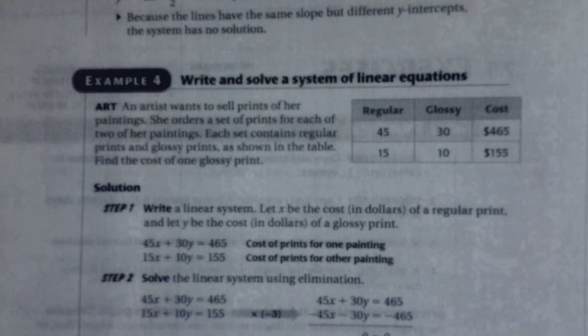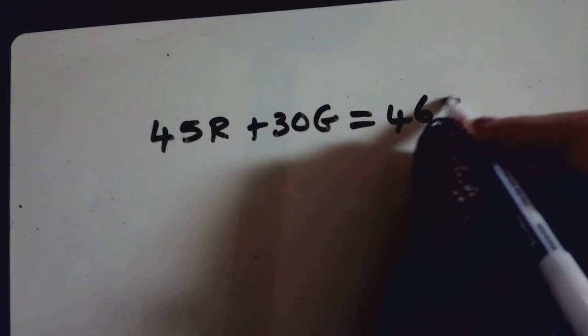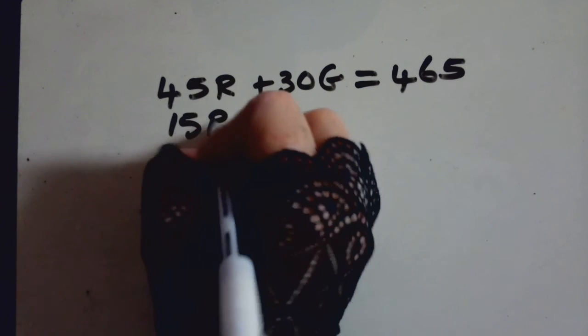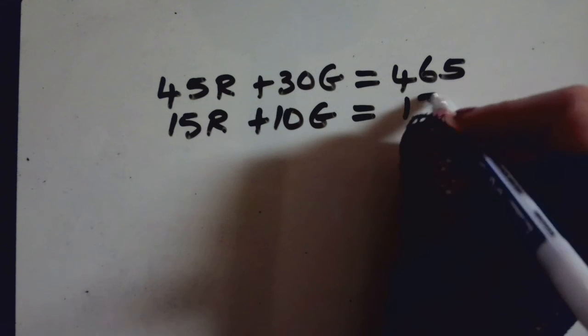So now we're going to go ahead and we're going to eliminate. So I'm going to take it from there and pick my way to do it. I'm actually going to rewrite it as R and G because I prefer it like that. So 45R plus 30G, with G being the glossy, equals 465. Then we have 15R regulars plus 10 glossy prints equals a total of 155.